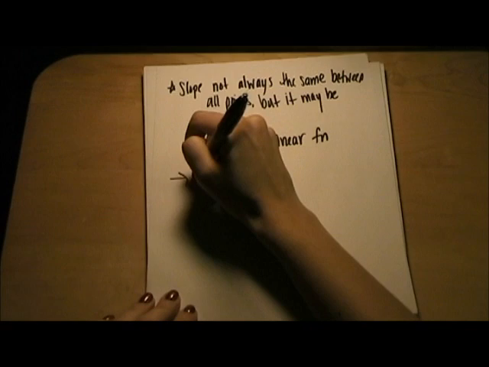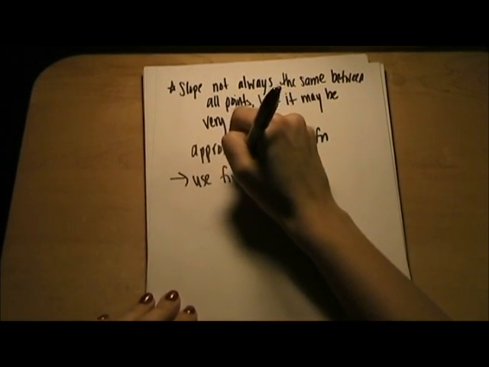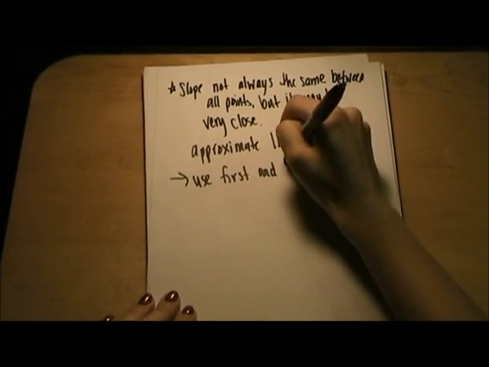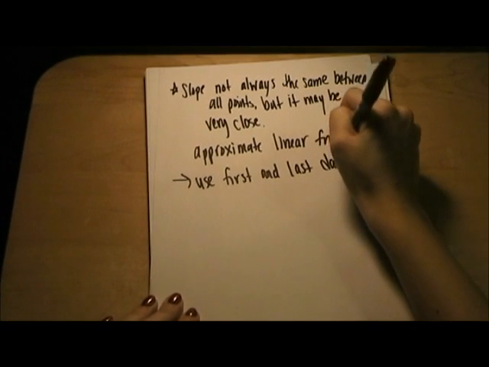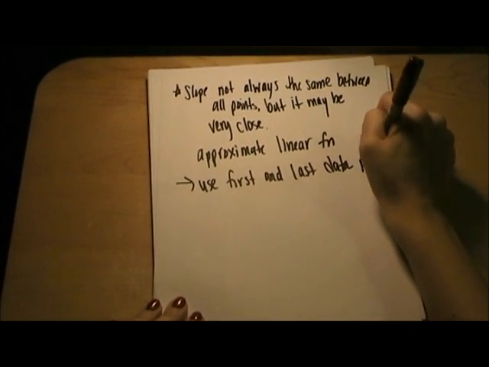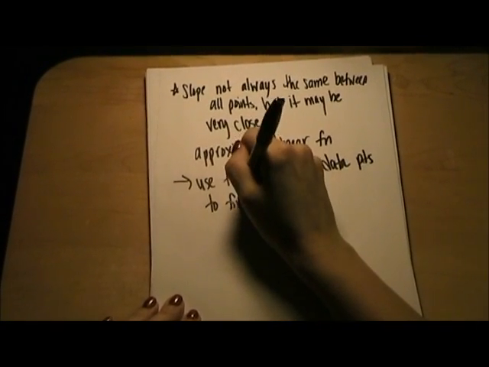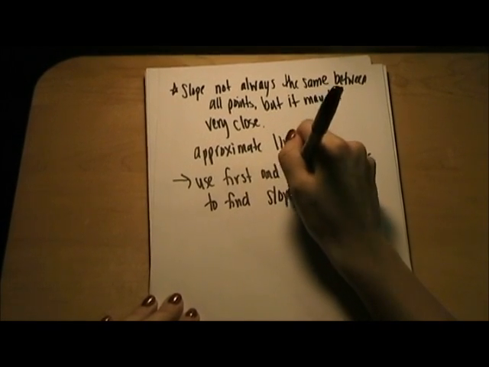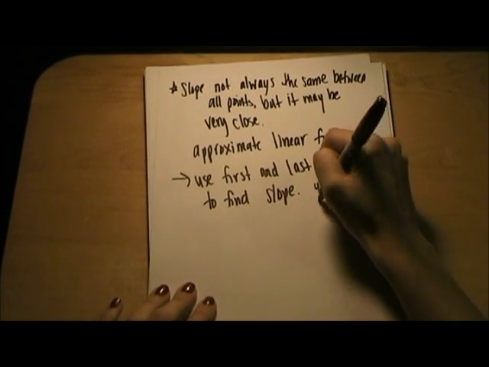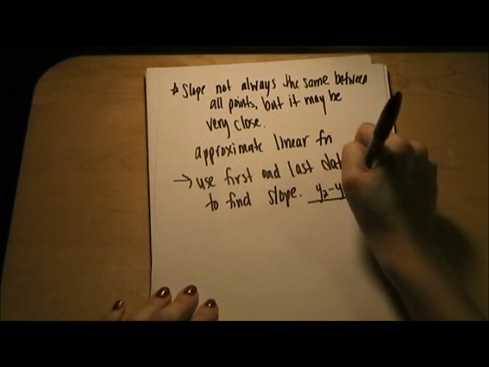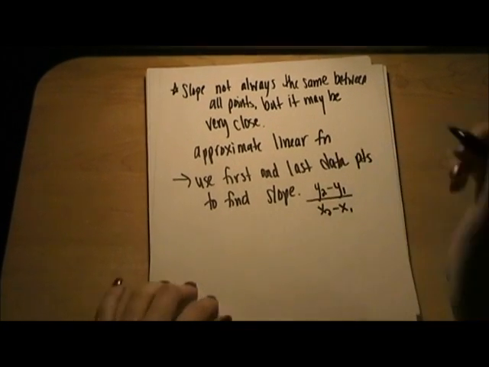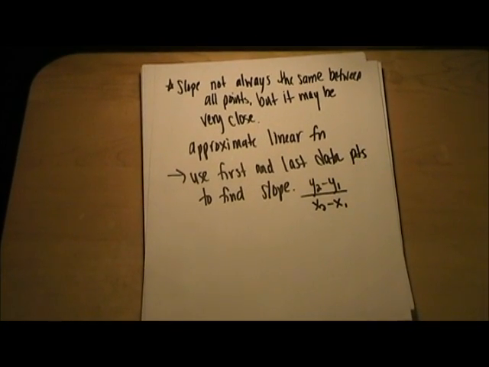If this is the case, you use the first and last data points to find the slope. Remember using y2 minus y1 over x2 minus x1, with your first and last data points.